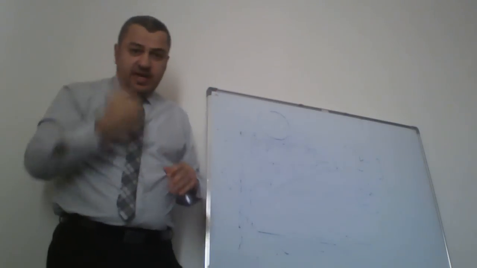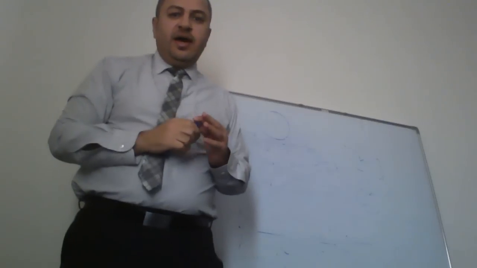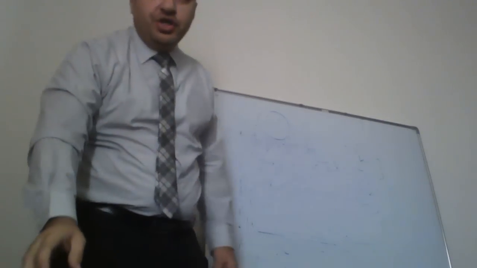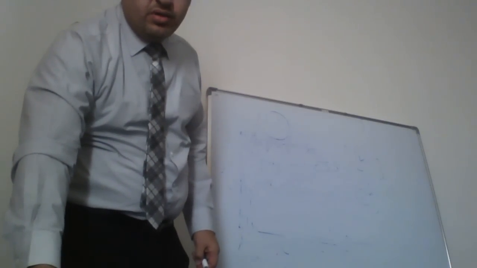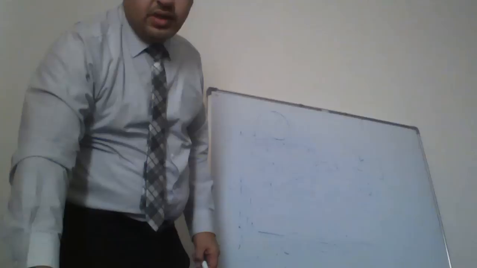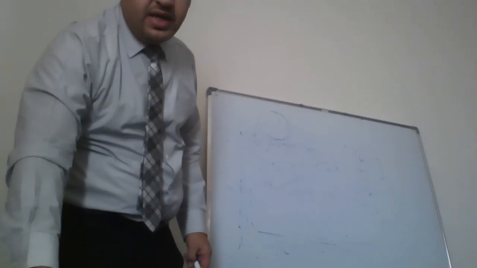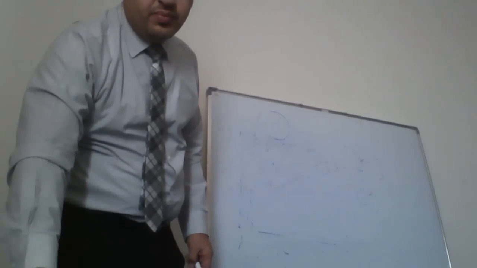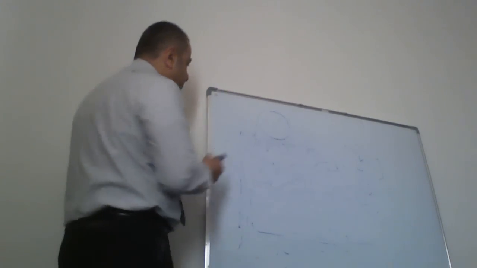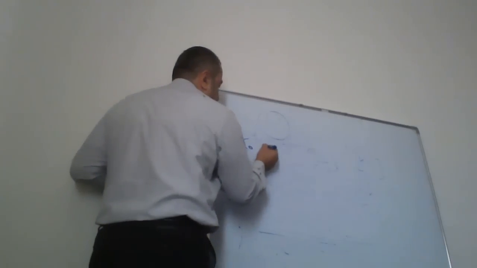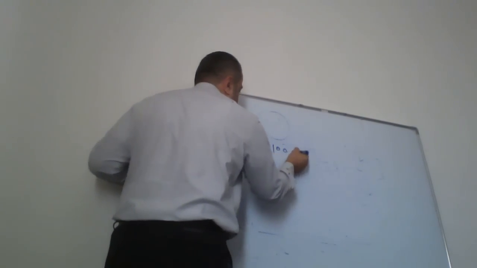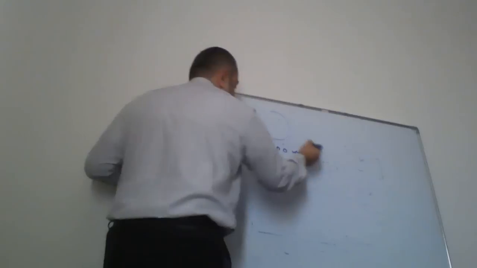In this example, it says that there is an infusion of 100 milligram per hour. So K0 is 100 milligram per hour.